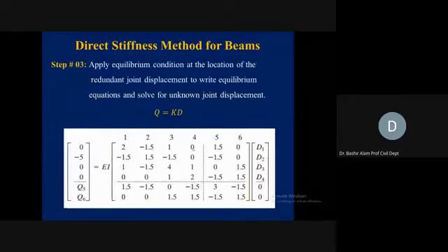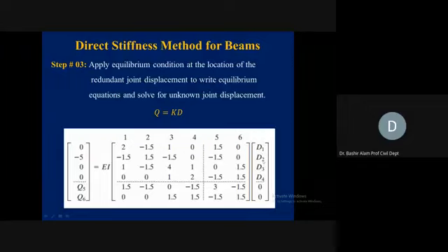Next, we go and partition the matrix again by the same principle. Now, how we delete the rows, how we delete the columns. Free joint is accommodated here, these first 4 rows and first 4 columns. We need to multiply these with D1, D2, D3, D4 and get, here you have 0, minus 5, 0, 0.